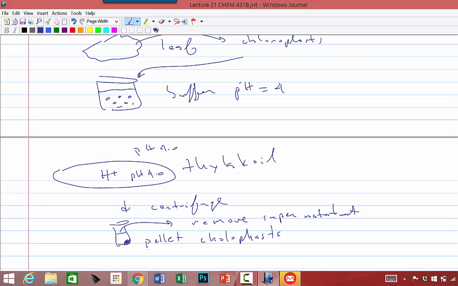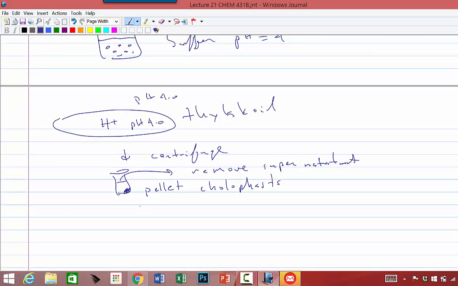And then they put the chloroplasts into a new buffer, and this buffer is pH 7.0. They also put in ADP plus inorganic phosphate, which they labeled with P32, so it's radioactive.